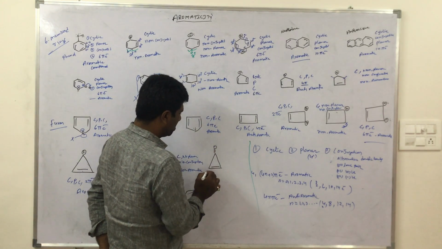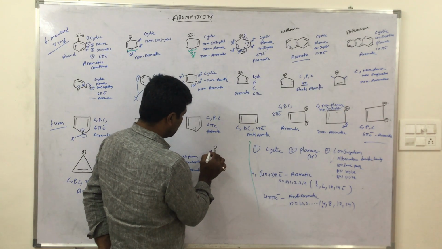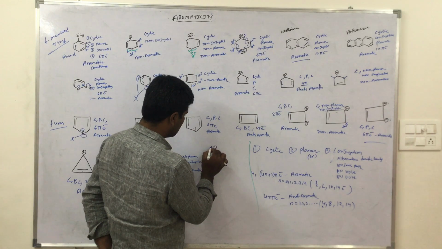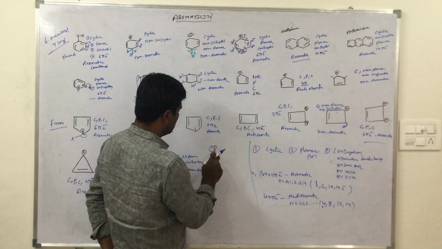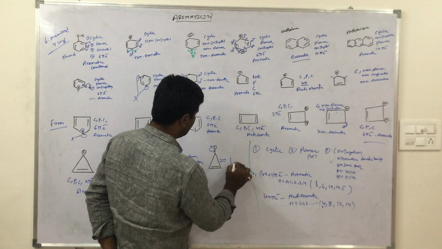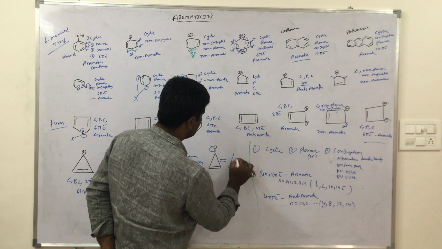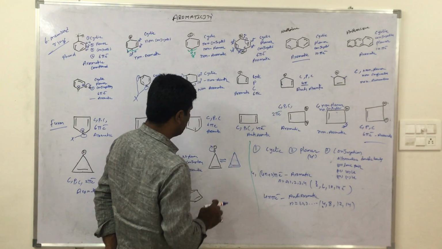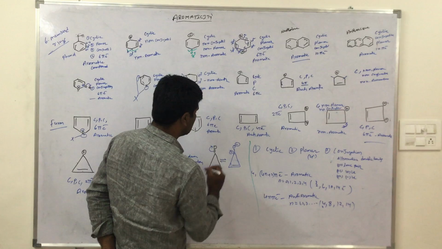Here double bond O is present. There is no positive charge, negative charge, but the lone pair of electrons shifted towards oxygen. So what happened? Double bond is present here, O minus, this is plus.